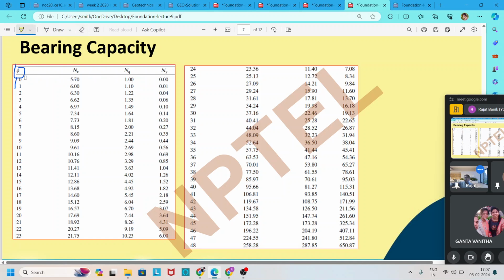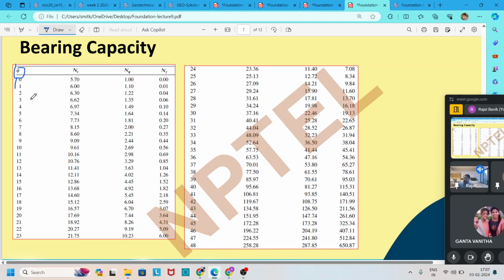For 0 degree, that means for pure cohesive soil, the Nc value is 5.7, Nq is 1, and N gamma is 0.